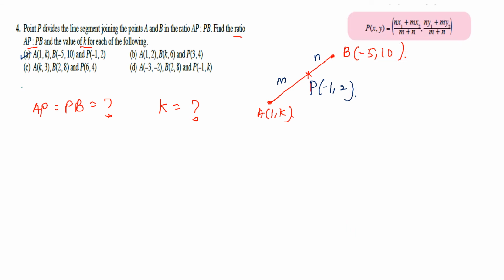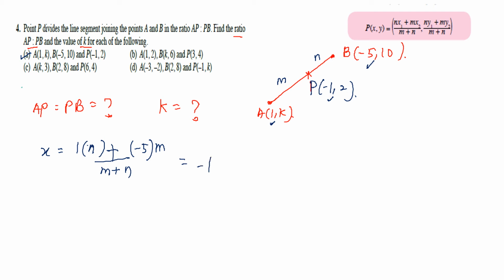We start with X. This is your first X, this is your second X, and this is the answer for X. So we form the first X times N, multiplied with the opposite one, plus the second X, which is -5, times M, divided by M plus N. But we are given the X value, so it equals -1.